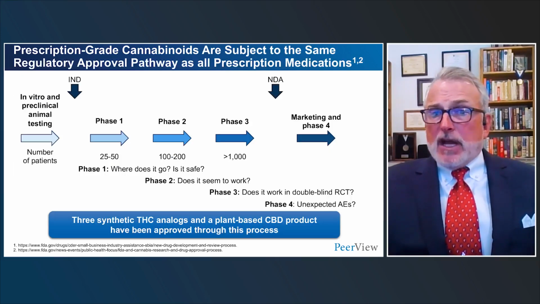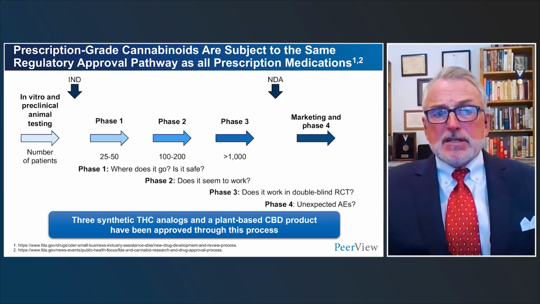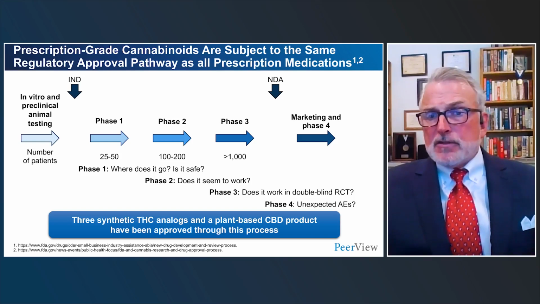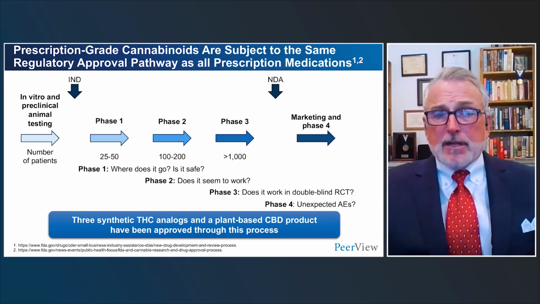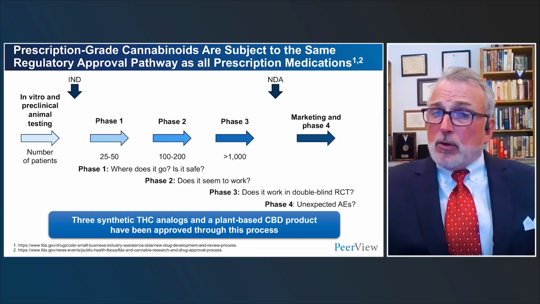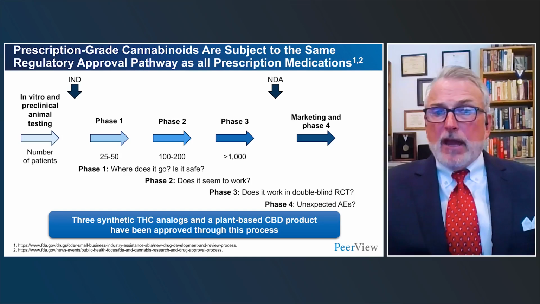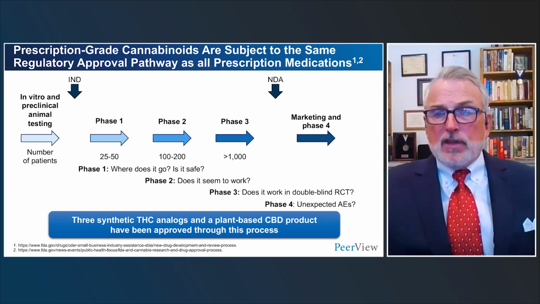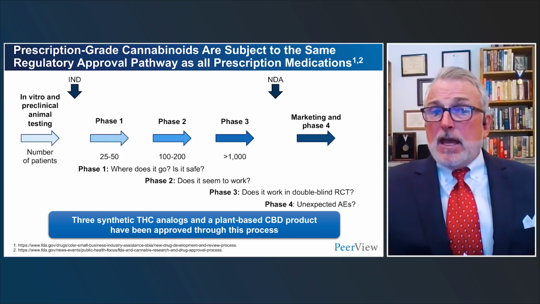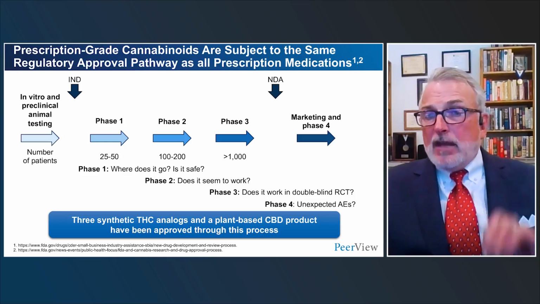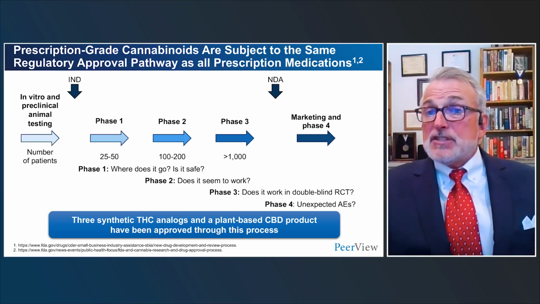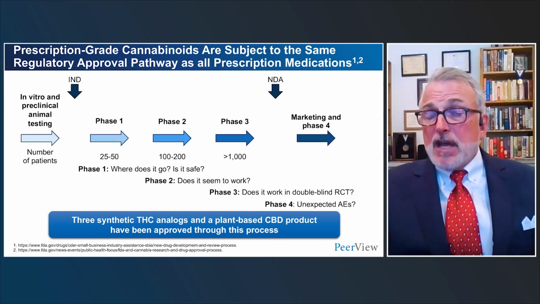This is a simple diagram that describes that process. So we get an idea that one of the cannabinoids might be beneficial for a disorder like chronic pain. Well, in order to get it into patients, we have to file an investigational new drug application with the FDA. Then, in phase 1, in a handful of healthy patients, we do dose escalation to find out that it's safe and it doesn't produce side effects.